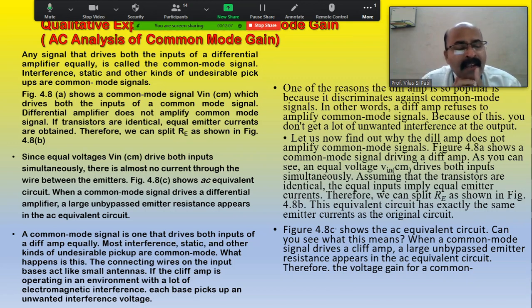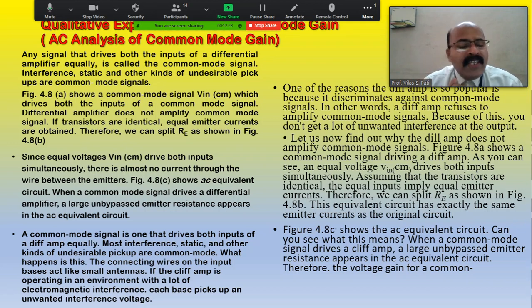Since equal voltages VCM drive both the inputs simultaneously, there is almost no current through the wire between the emitters. That is figure C in the next PPT. I will explain it in depth.